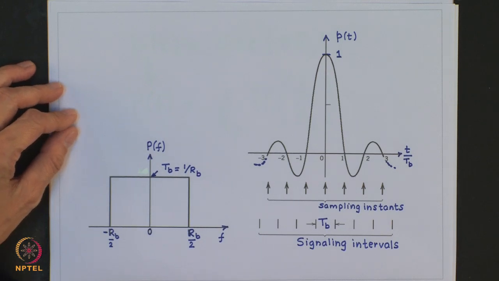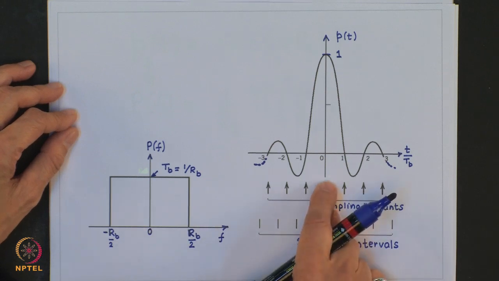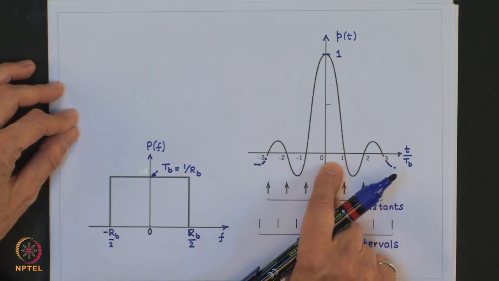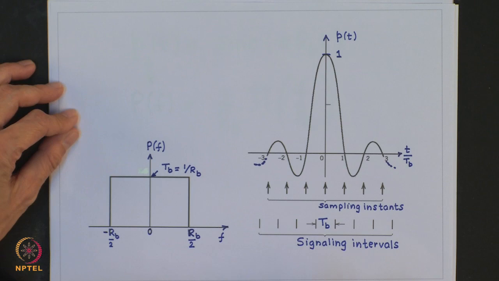The other problem is that when you transmit such pulses and do the sampling at the signaling intervals, the pulse amplitude will not vanish at the other pulse centers if this sampling is not done exactly at plus minus n Tb. So if you have a small deviation there, it will contribute to other pulses, correct. So let us see this.